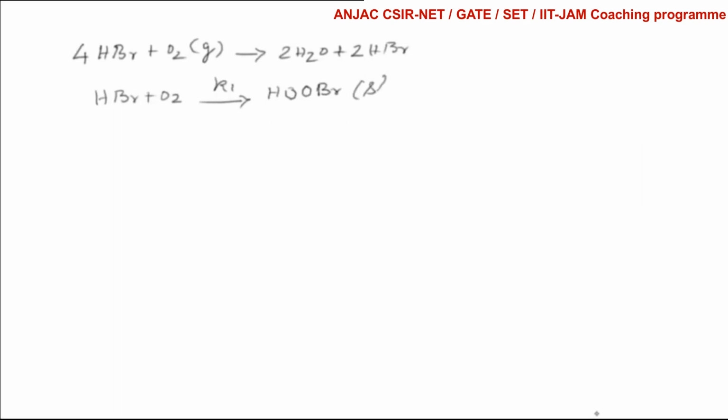This is the slowest step. Then HOOBr plus HBr, with rate constant k2, gives 2HOBr. This is the fast step.